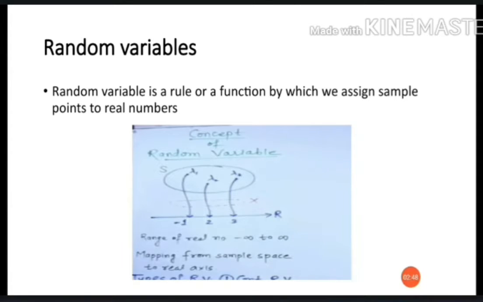Now from the figure we can clearly see that lambda 1, lambda 2 and lambda 3 belong to the sample space S. They are the sample points of the sample space, and we map the sample points to the real number line.